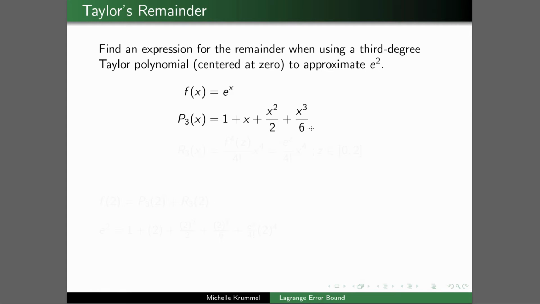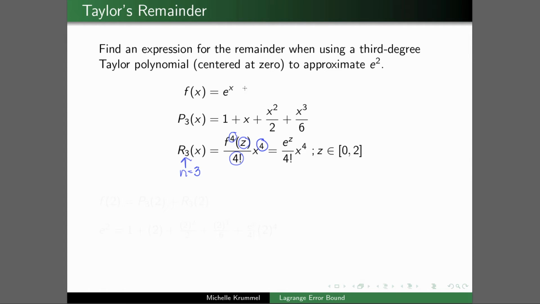According to Taylor's remainder theorem, the remainder is going to take the form of the next term. We're just going to evaluate the derivative at some number z instead of at our center 0. So we have our fourth derivative evaluated at z, and then we divide by n plus 1 factorial, so 4 factorial. n is 3 in this case, so n plus 1 is 4, times x to the power n plus 1.